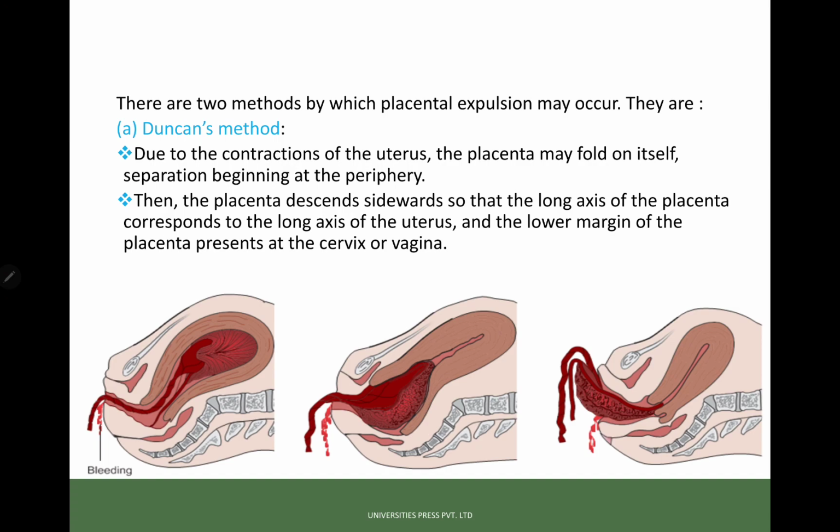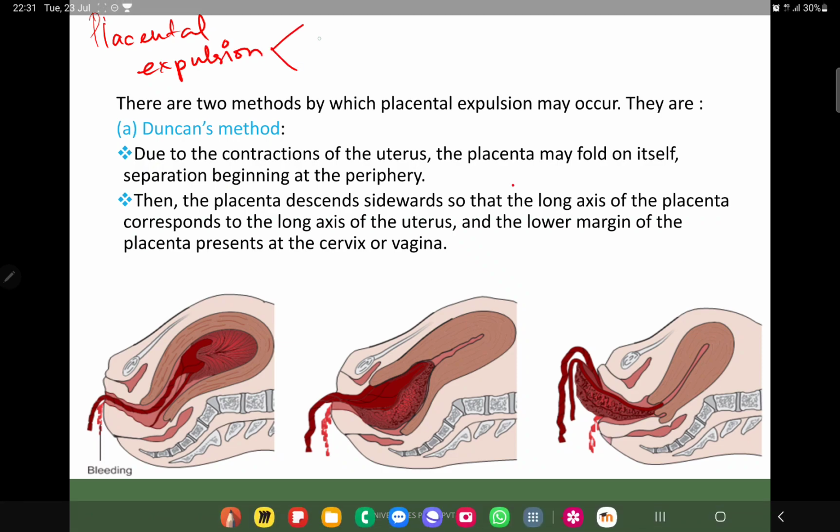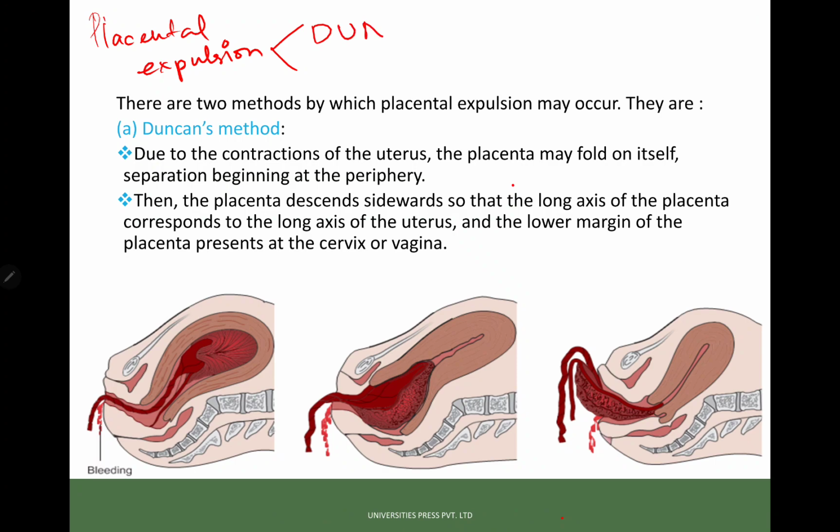There are two methods by which placental expulsion may occur. First one is Duncan's method.